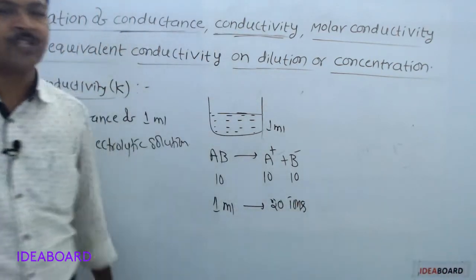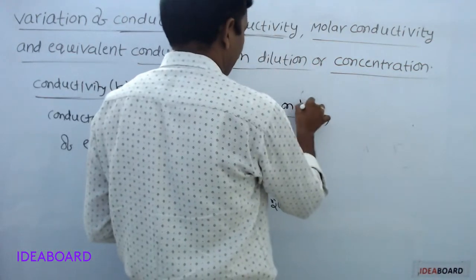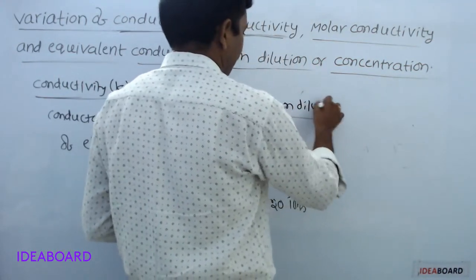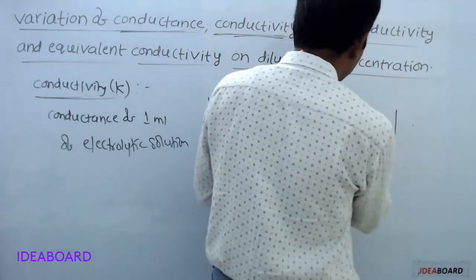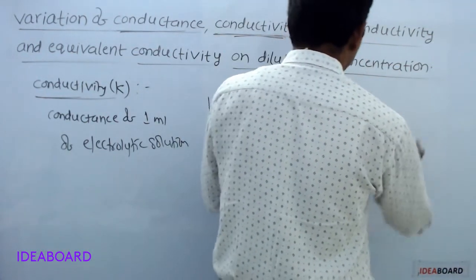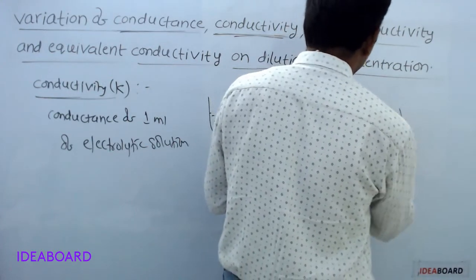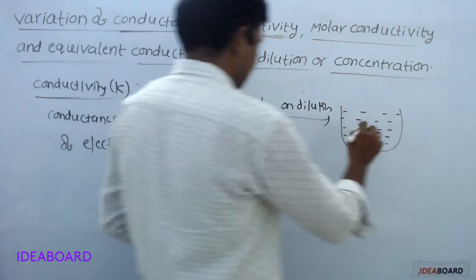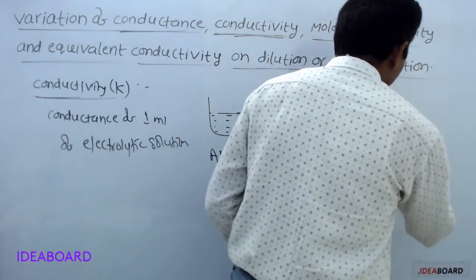This electrolytic solution on dilution: let us assume its volume is doubled. After addition of solvent, it is 2 milliliters of solution.